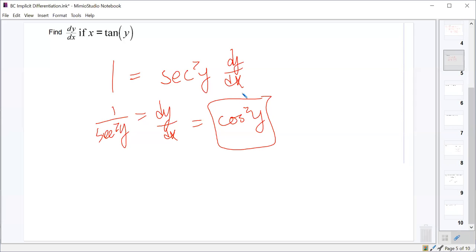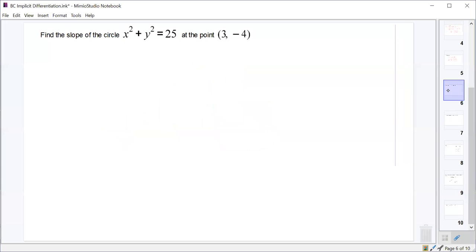And this is actually the method that we would use to find the derivatives of all the inverse trig functions, right? Because if we have something like y equals the inverse tangent of x, well, that tells us that tangent y is equal to x, and then you can go through and solve it. All right, you guys do this one.